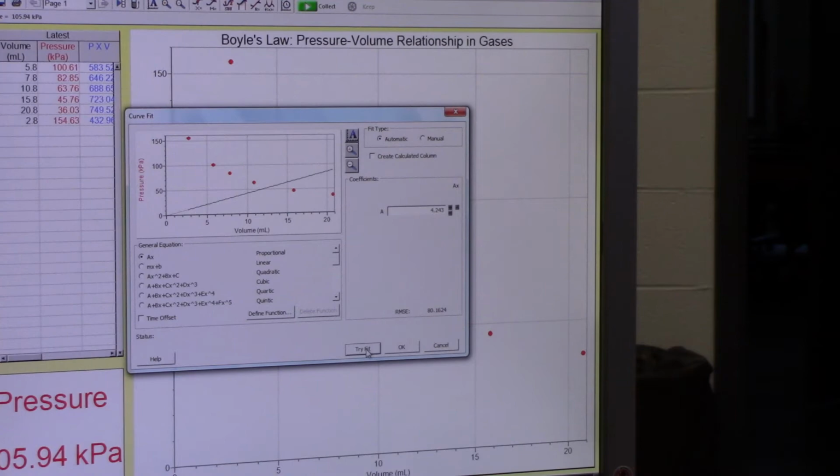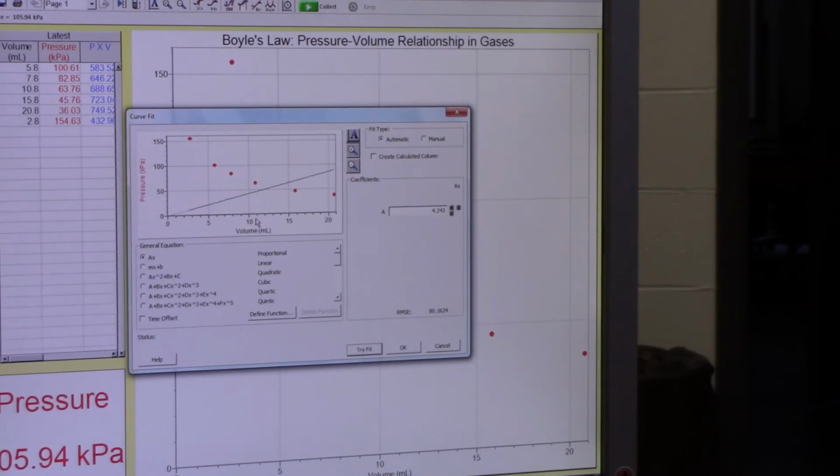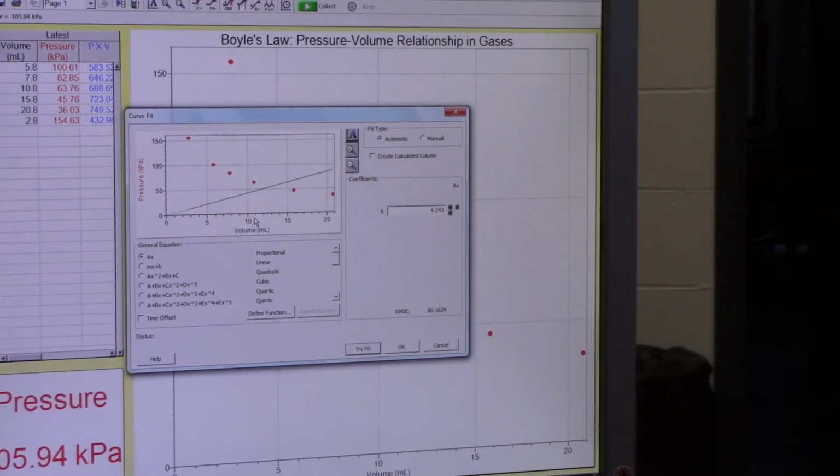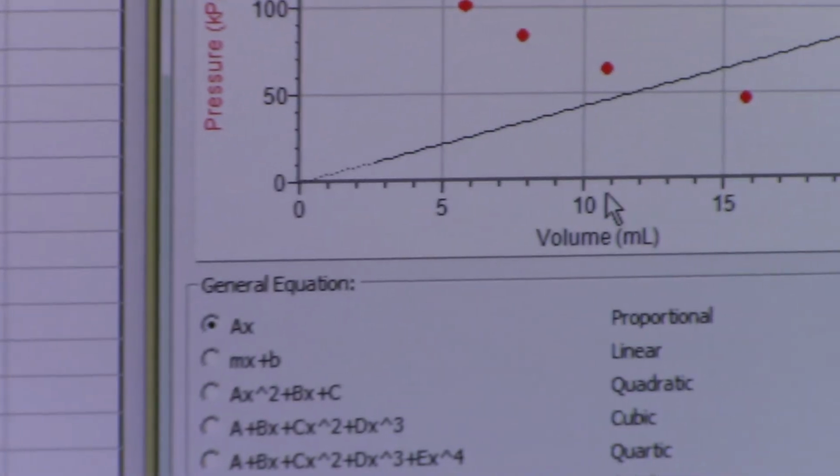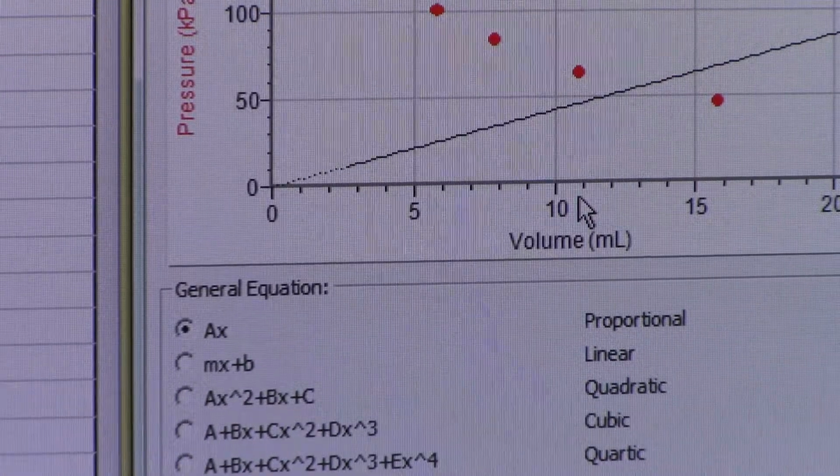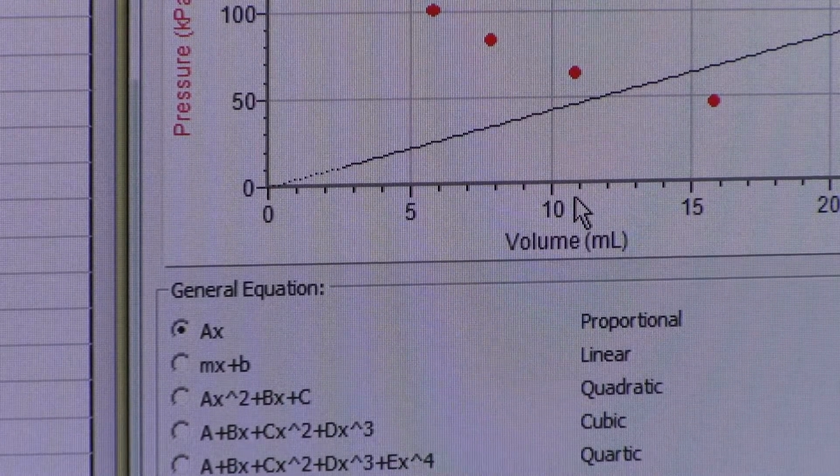And what I'm going to do is hit try fit and see what it comes up with. All right, and if you look at it, it came up with a kind of weird line. When we use the first one, ax, it goes in the opposite direction. Okay, so I don't like that one.